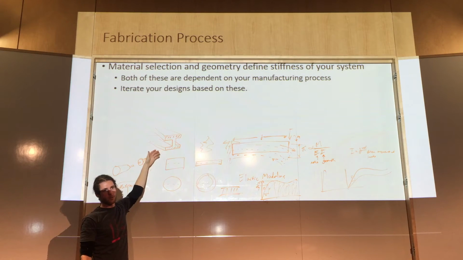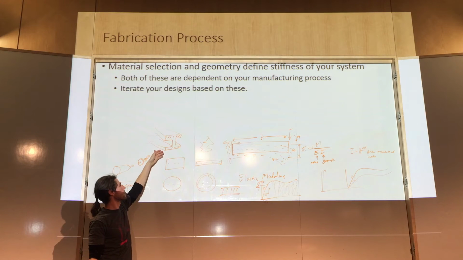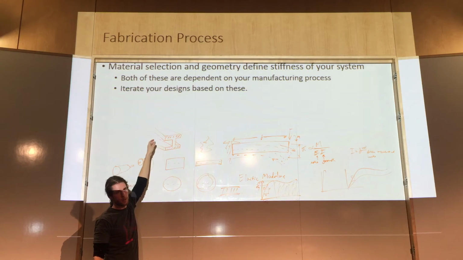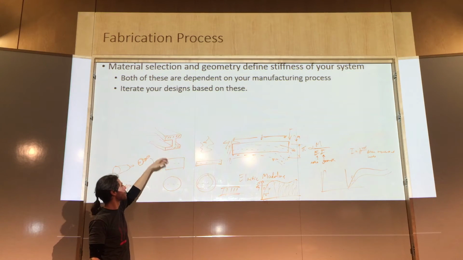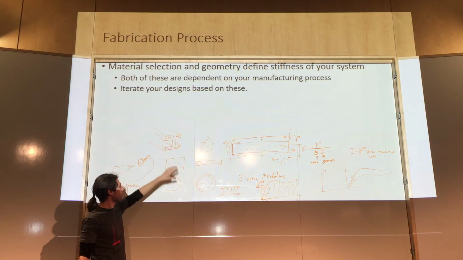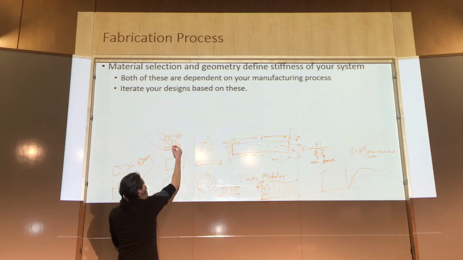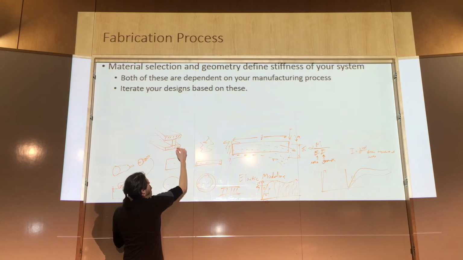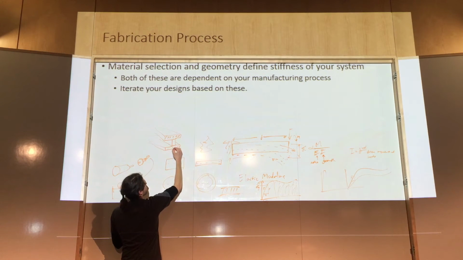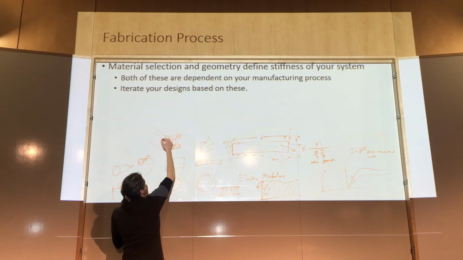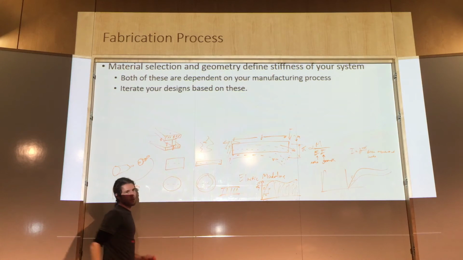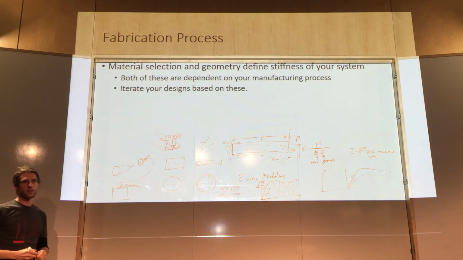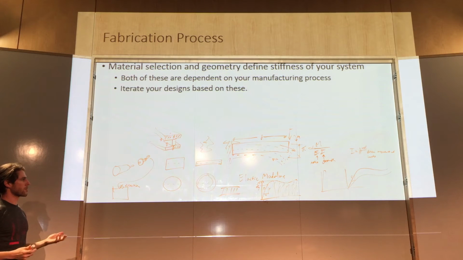Or am I going to get some super fancy machining center where I can rotate it and machine it twice, like a 4-axis machine or something like that? Or am I going to make it out of 2 different pieces or 3 different pieces, and I'm going to put a bunch of holes along here and screw them together? Something like that. Who knows? All those things are going to play into the overall stiffness of your system and the overall capabilities of your system.